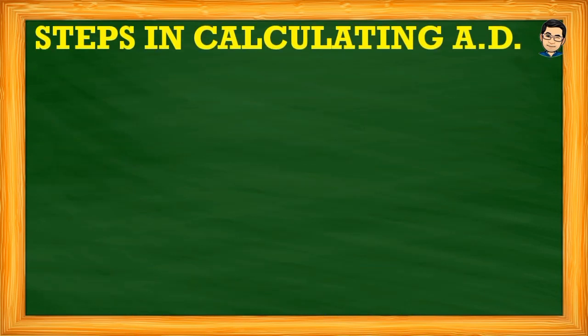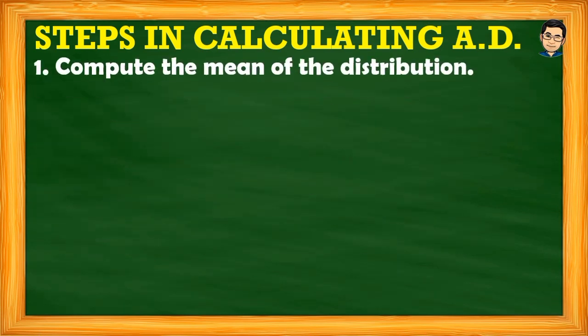So here are the steps in calculating the average deviation. So yung unang step natin, compute the mean of the distribution. So yan, syempre, we're talking about average deviation, kaya mahalaga po na i-calculate muna natin yung mean, yung average. Hindi kasi natin malalaman kung gaano kalapit or kalayo yung mga scores kung wala tayong mean.